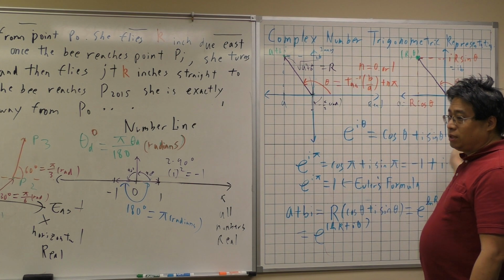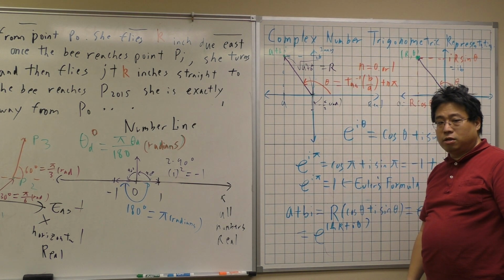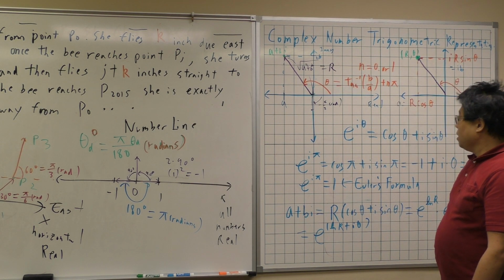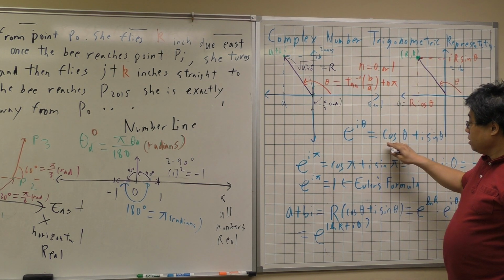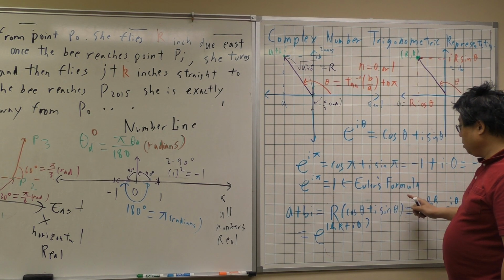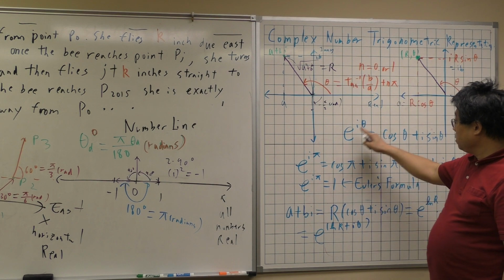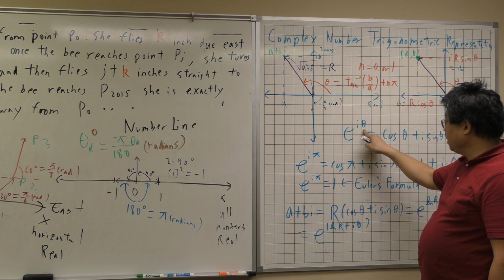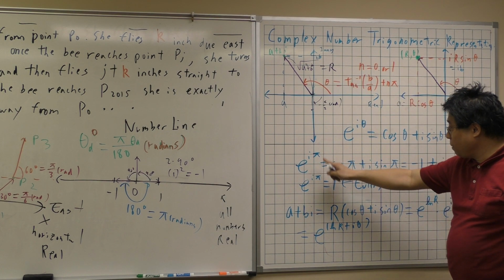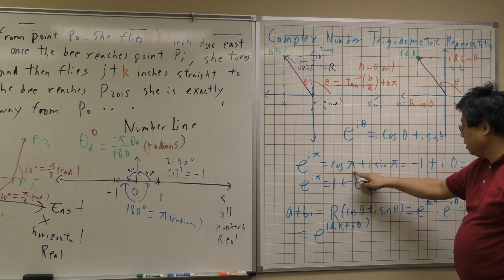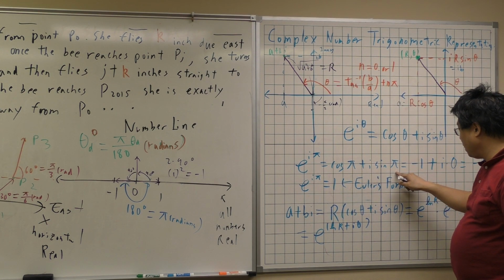The proof of this will be very long, so I'll skip it. But I'd like to show you that this is behind the famous Euler's formula, where if you put pi where the theta is, then e to the i pi equals cosine of pi plus i times sine pi.